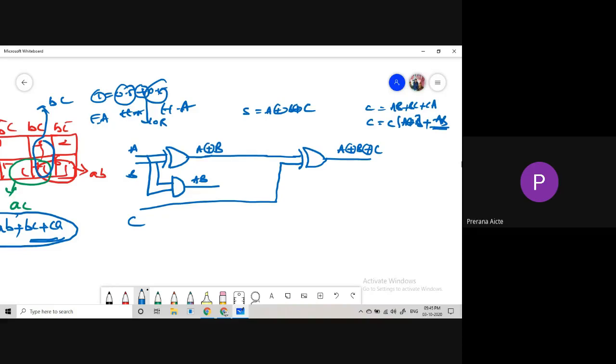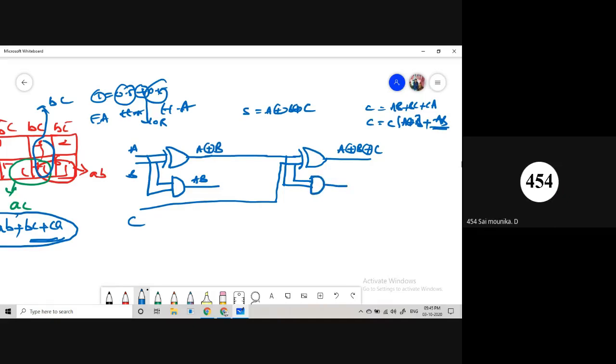A half adder consists of one XOR gate and one AND gate only, right? Yes, sir. If I take one AND gate, what is the value?